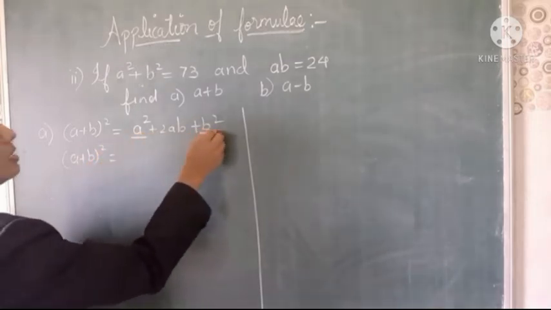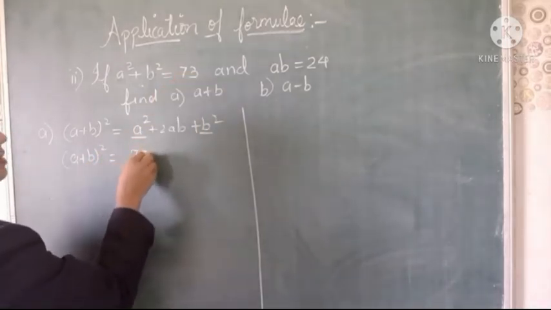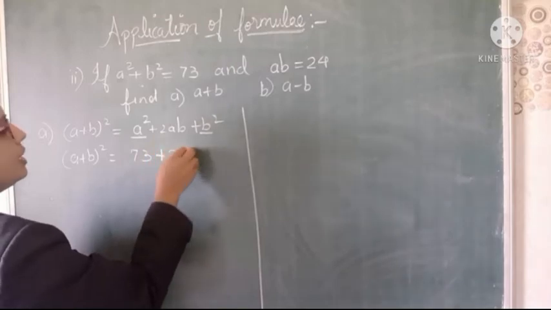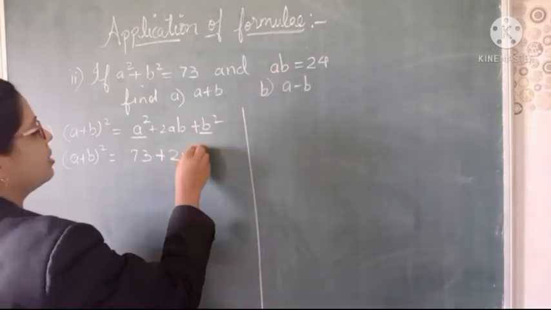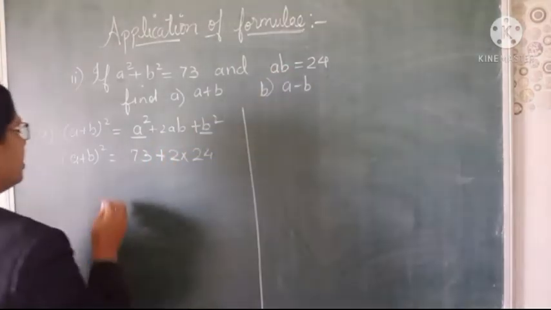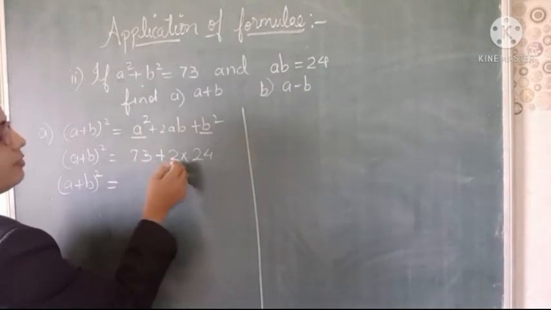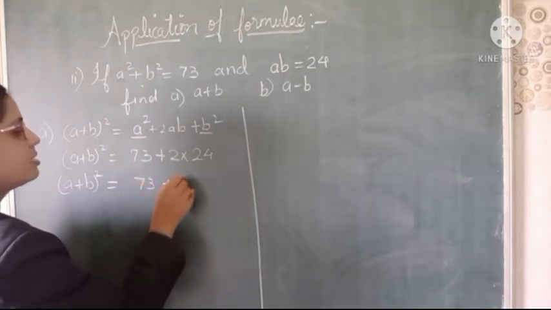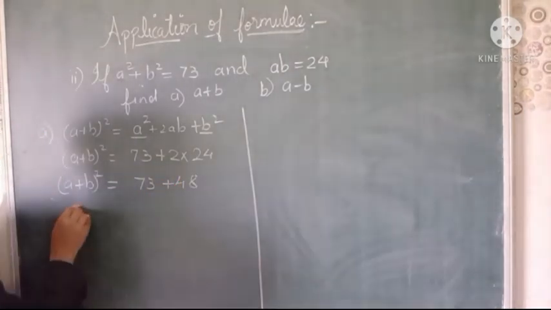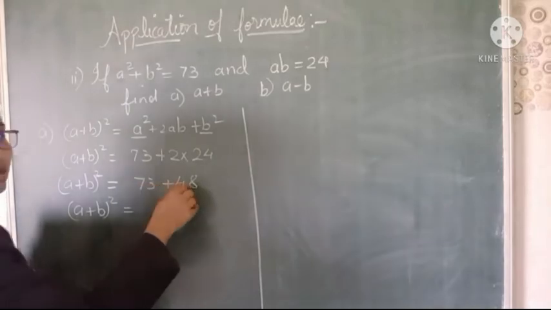So we have to find now (a plus b) whole square. A square plus b square value is given as 73, plus 2 into ab is 24. So (a plus b) whole square equals 73, first 2 into 24 is 48, so 73 plus 48.